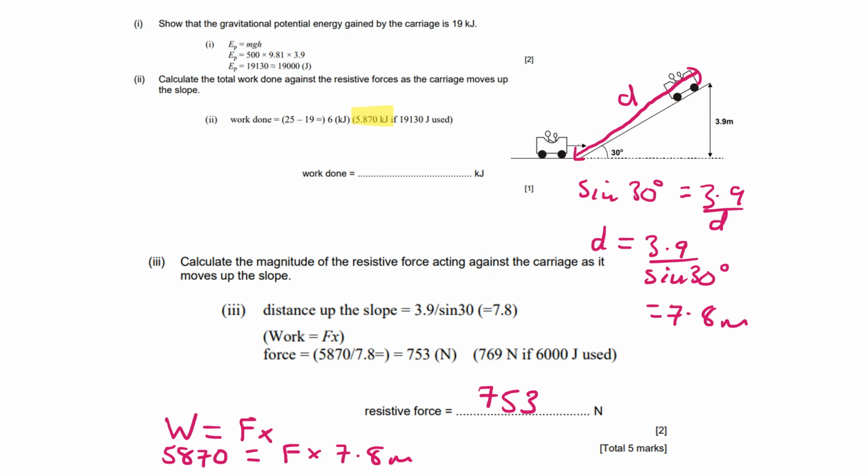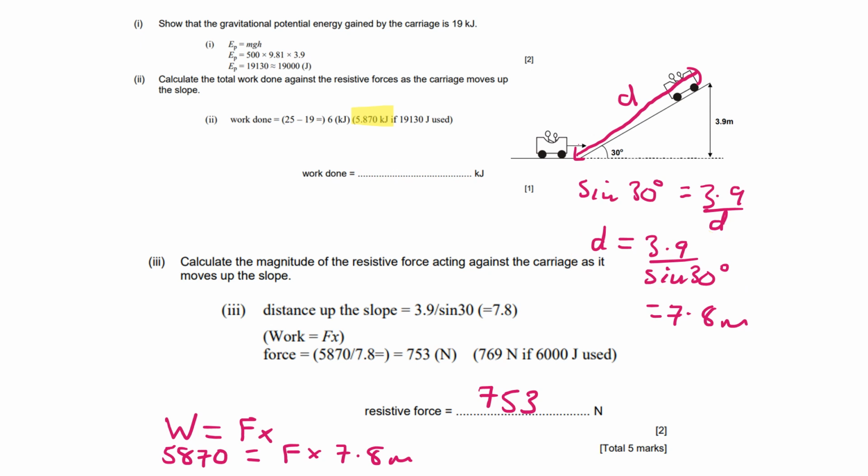The opposite is 3.9 meters, and we need to find the hypotenuse, labeled D. So we can use sine θ equals opposite over hypotenuse. So sine of 30 is equal to 3.9 over D. Rearrange that to get D. We get D equals 3.9 over sine 30, which is equal to 7.8 meters.